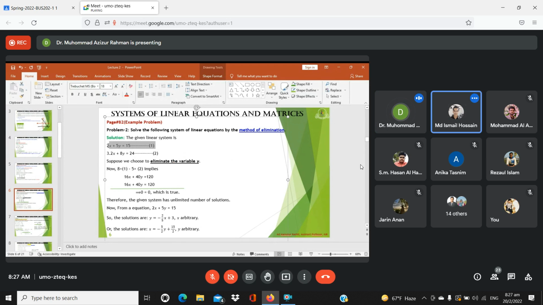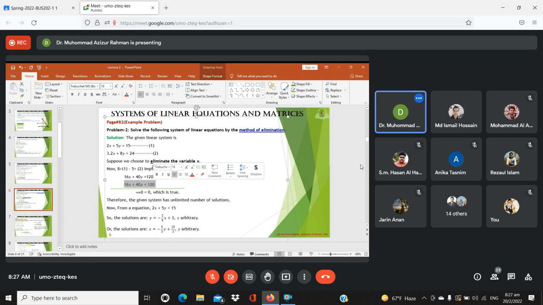So this equation, if you multiply with 8, what will happen? This 8x plus 40y equals 120. Okay, so this is correct. Yes. Then the second equation you're multiplying by 5. The same thing. If you multiply by 5, you will get what? 40x plus 40y equals 120.